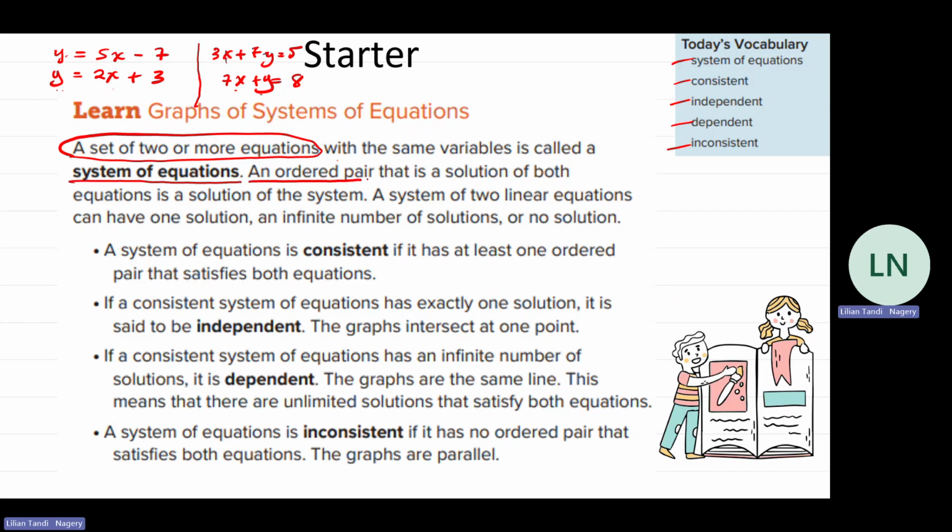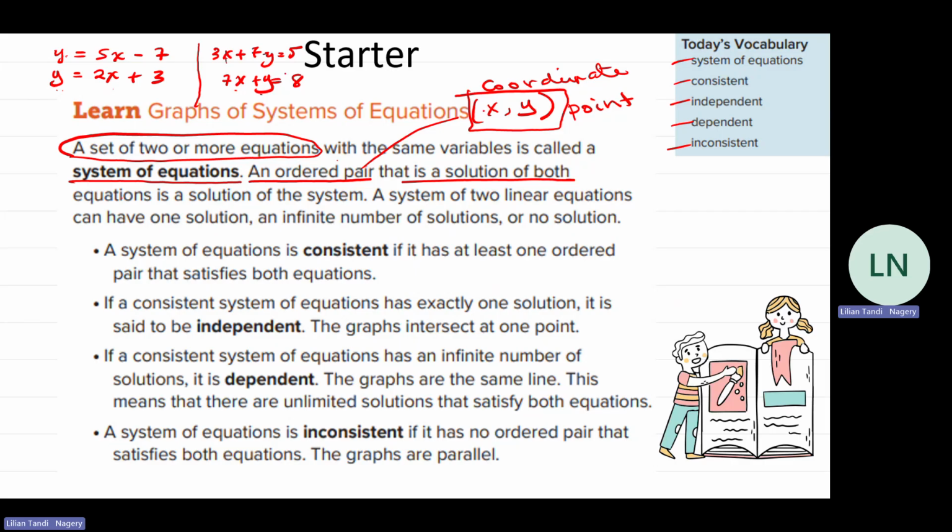An ordered pair. What is an ordered pair? A point. When you write it x comma y, like that, that's an ordered pair. An ordered pair is sometimes called a coordinate, or sometimes it's called a point. This is the solution of both equations.